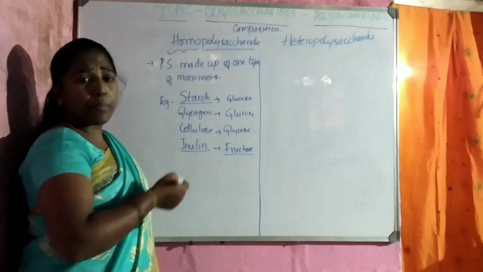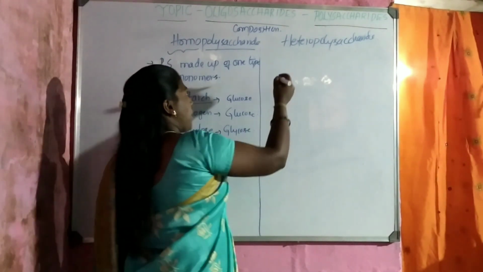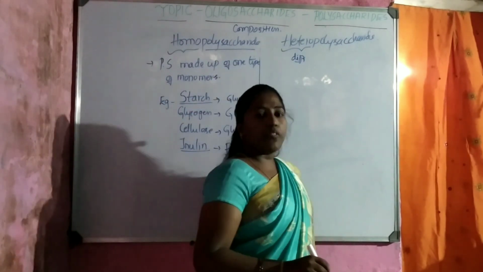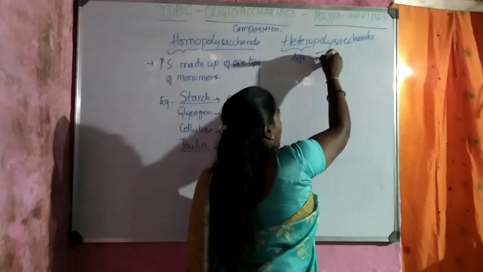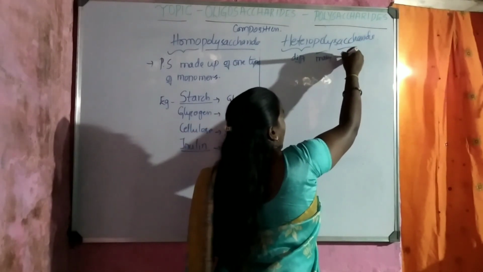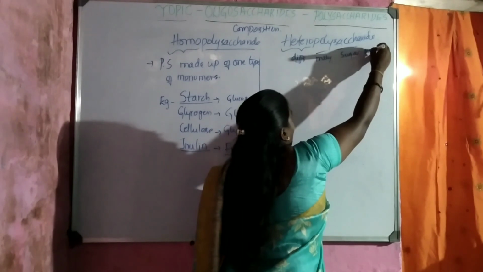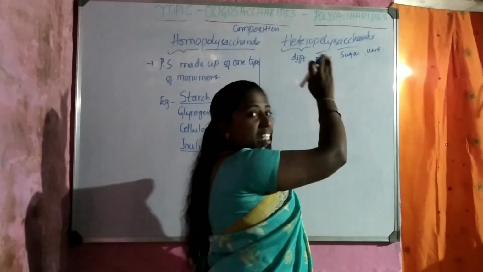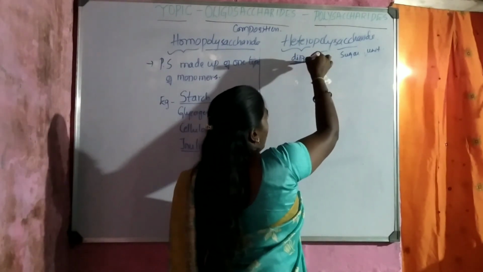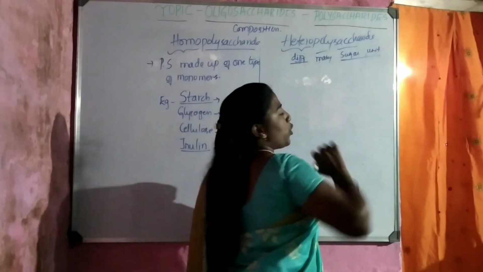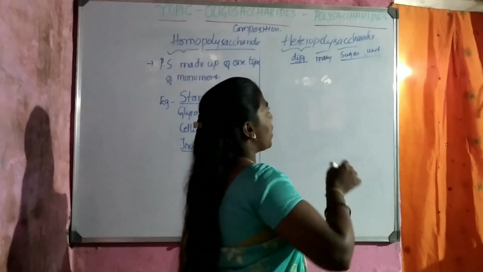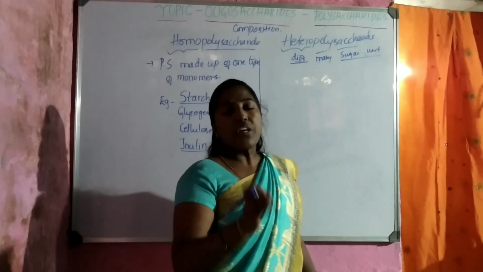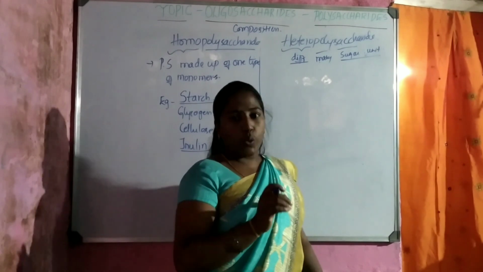Next, coming to the heteropolysaccharide. The term hetero represents different. Poly means many. Saccharide means sugar units. So heteropolysaccharide is a polysaccharide made up of different types of sugar units.